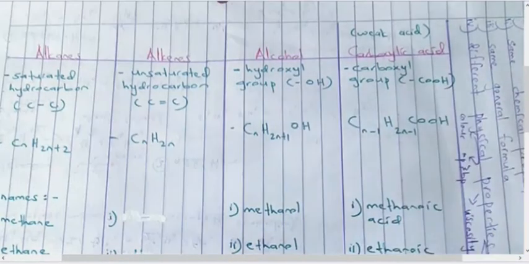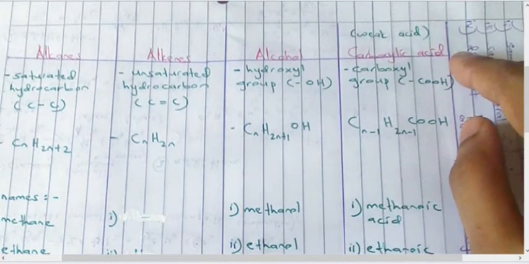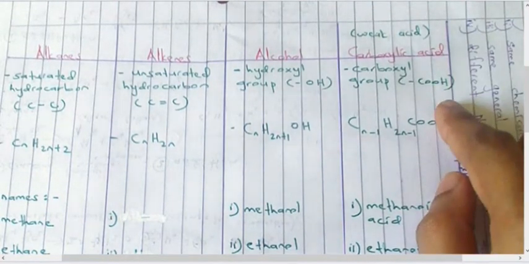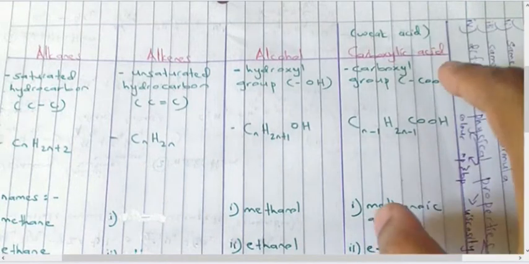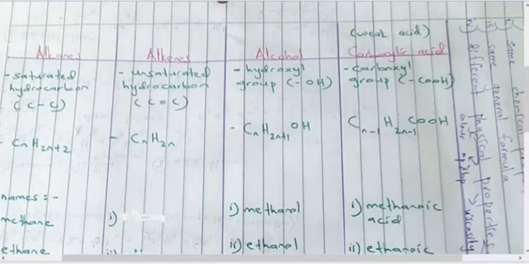These are the different functional groups that you must remember. Whenever they have COOH, we say that they fall under the same homologous series.